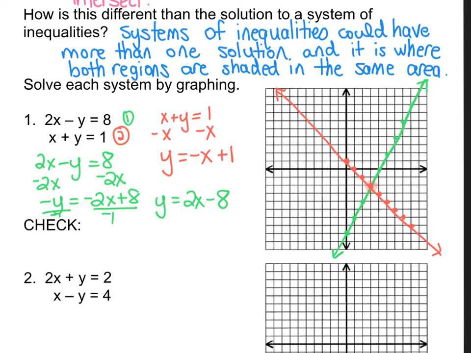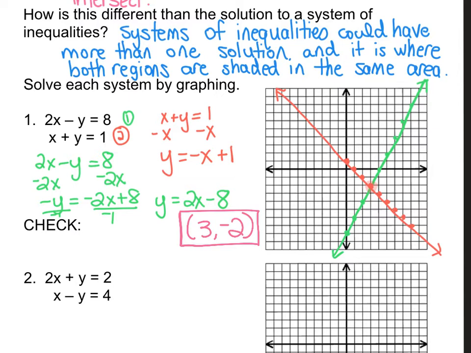And so that is at (3, negative 2). So your answer should be an ordered pair. And that answer would be (3, negative 2). Don't forget that an ordered pair has parentheses around it because it is a set of numbers.